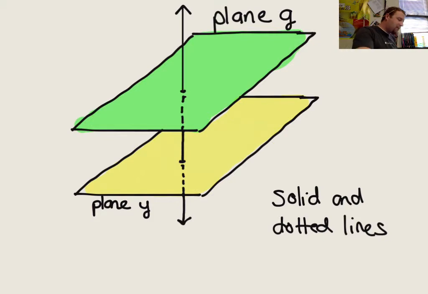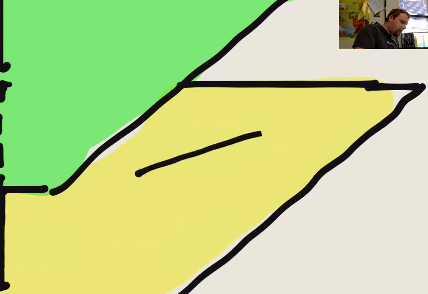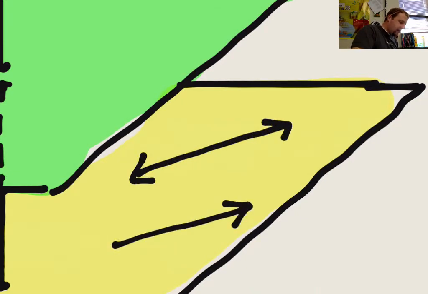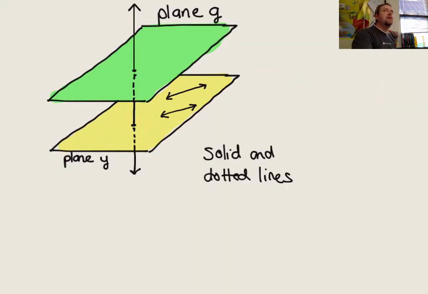But what about this line here and this line here? Where are those lines? Are they on yellow, on green? Anna? Those two lines are on top of yellow.